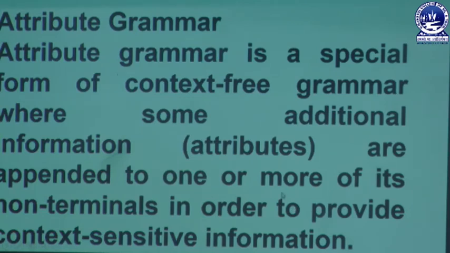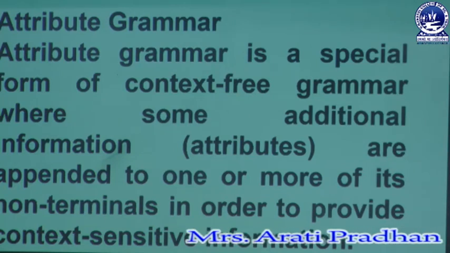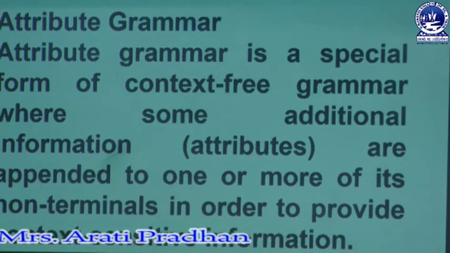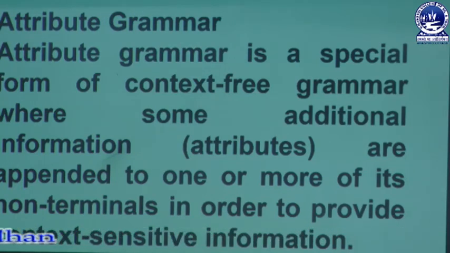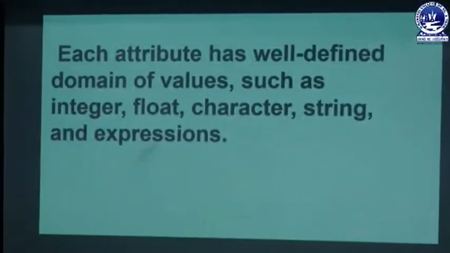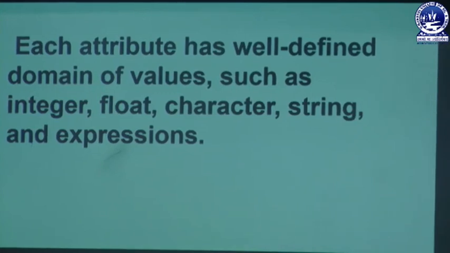Now we will discuss one important aspect used in the semantic analysis phase, that is attribute grammar. Attribute grammar is a special form of context-free grammar where some additional information is appended to one or more of its non-terminals in order to provide context-sensitive information. It is very essential because some code may be syntactically correct but not semantically correct, and to analyze whether the code is semantically correct or not, context-sensitive information is highly necessary, and for that reason attribute grammar is important.